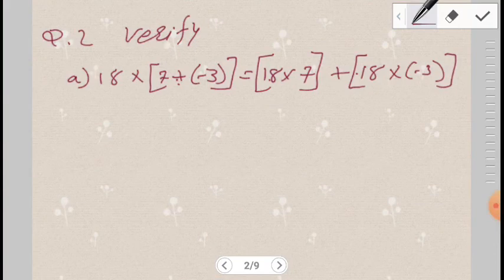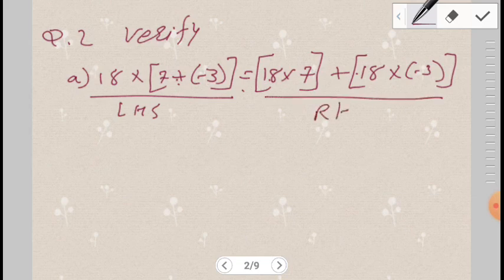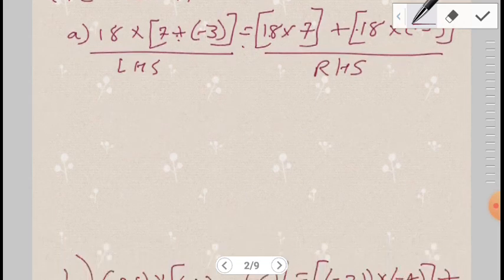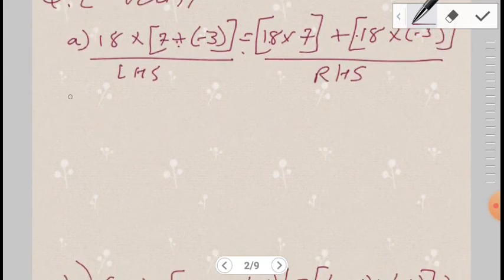Now question 2, verify the following equations. This will be the left hand side of the equal sign, and this will be the right hand side of the equal sign. So let's solve the left hand side first.